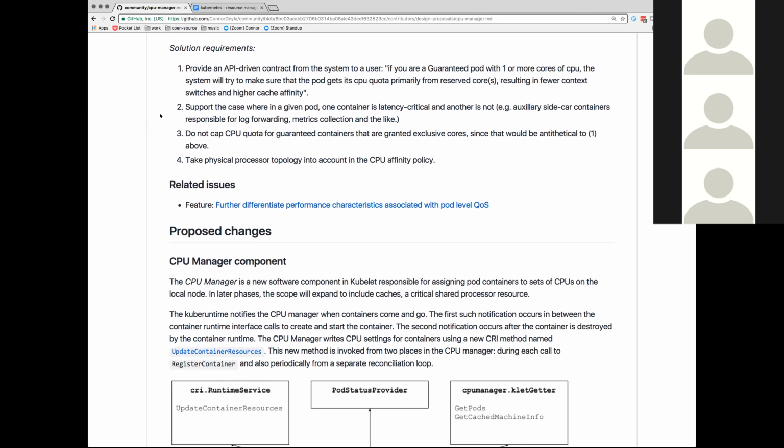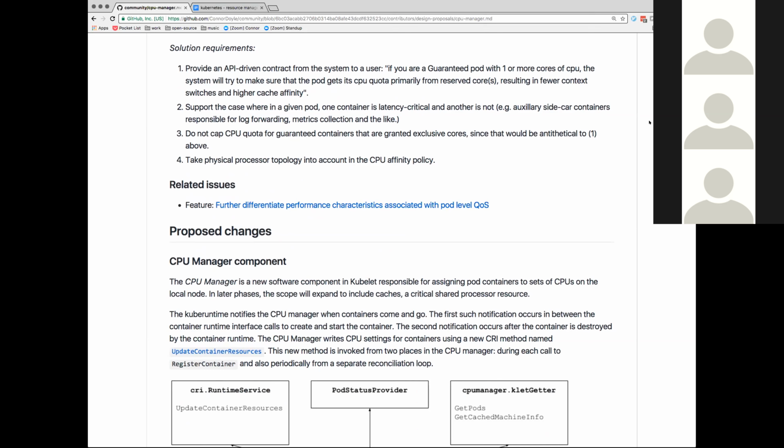Second requirement is that you may have sidecar containers such as log forwarding or processing or metrics export or any sort of non-critical workload that's a sidecar container. And we want to support that use case where one container is treated as latency critical and the other one is not.